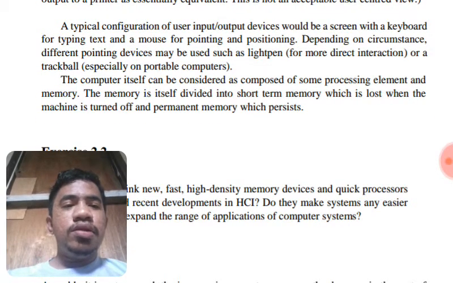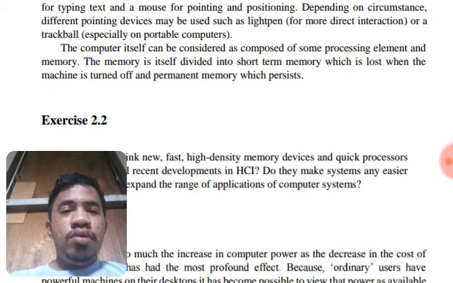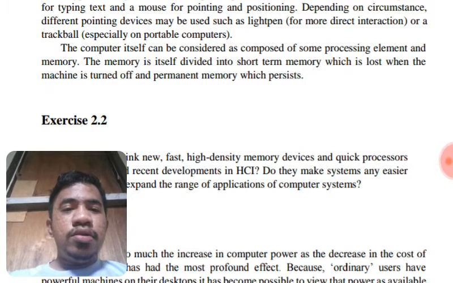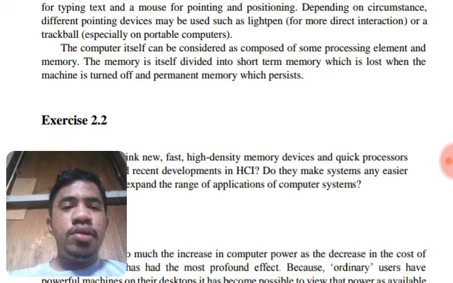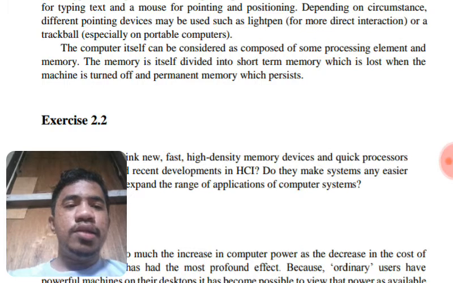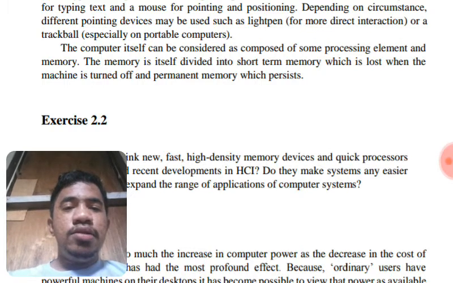Depending on circumstance, different pointing devices may be used, such as a light pen, for more direct interaction, or a trackball, especially on portable computers. The computer itself can be considered as composed of some processing element and memory. The memory is itself divided into short-term memory, which is lost when the machine is turned off, and permanent memory, which persists.